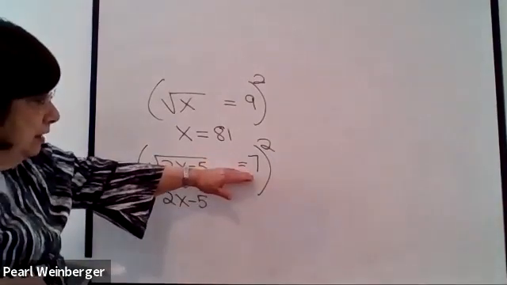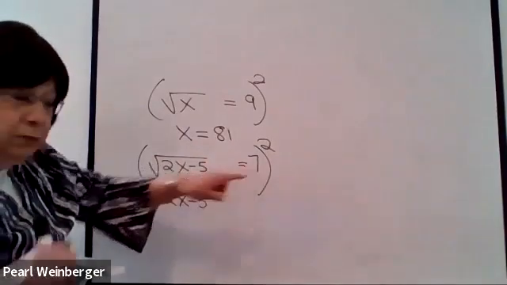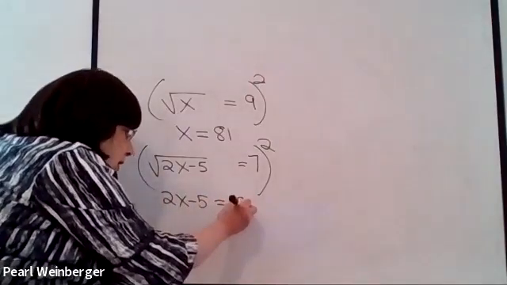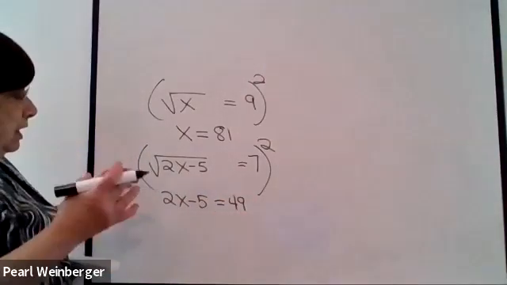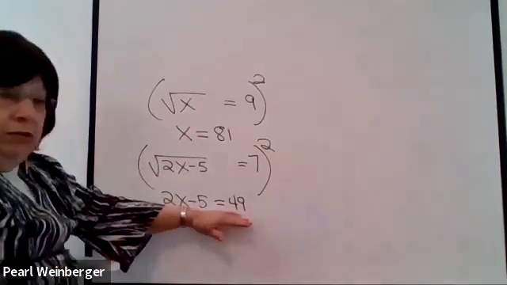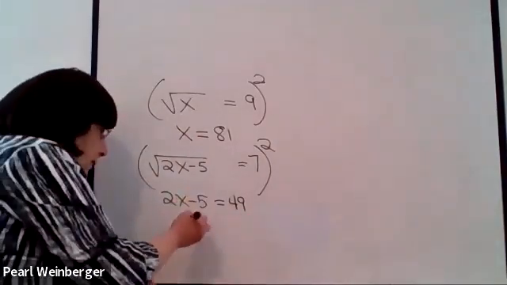On the other side, I have 7 times 7. That's not inside a radical, so I actually have to multiply it by itself. That gives me 49. By squaring both sides, I get rid of the radical and have a regular equation: 2x minus 5 equals 49.